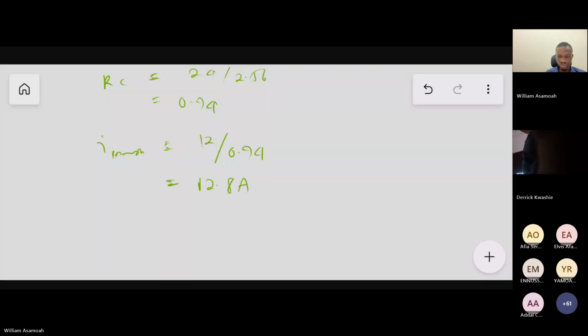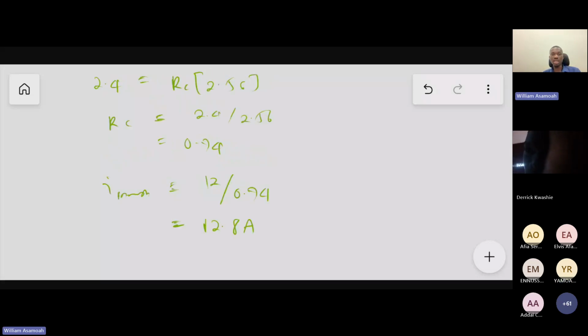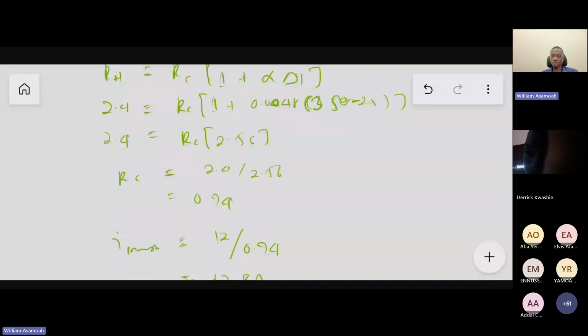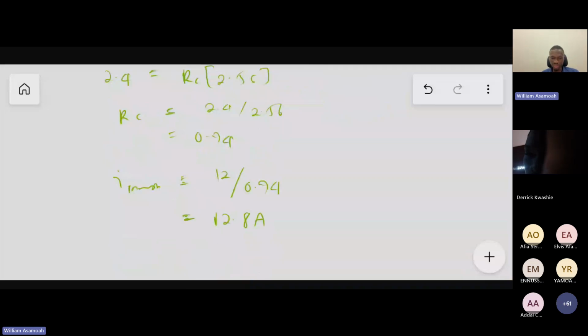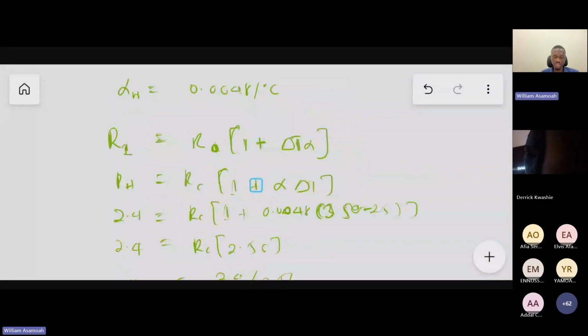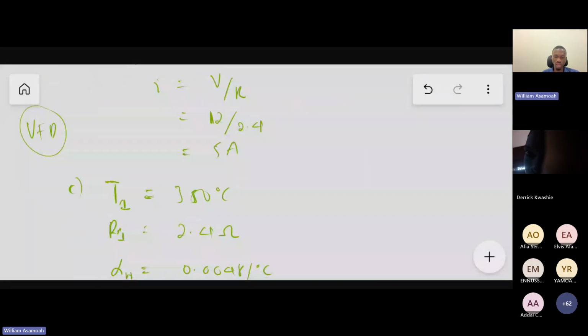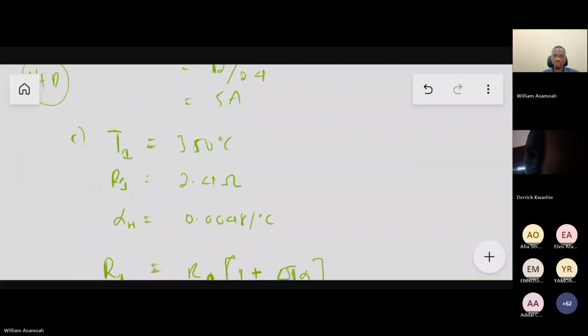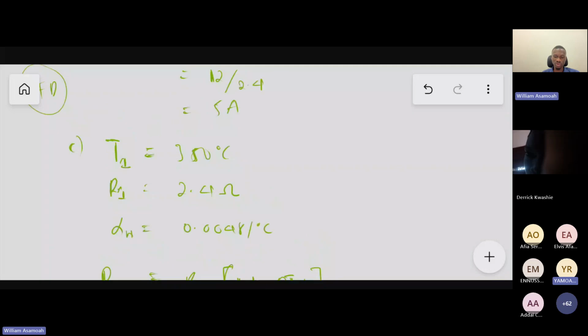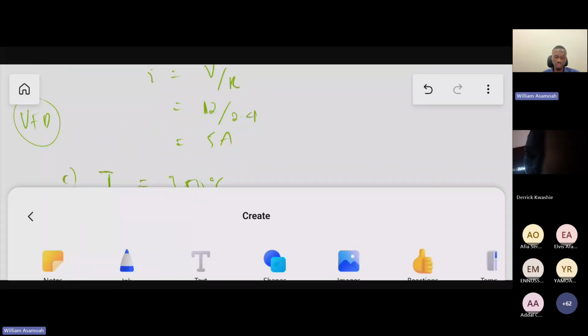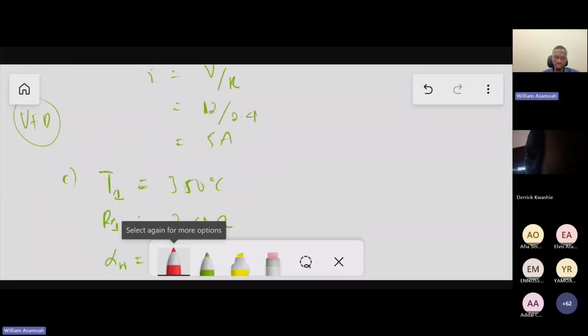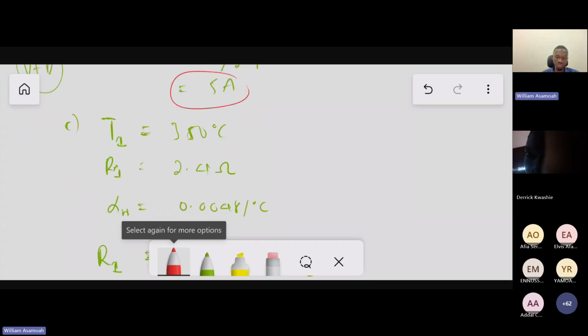Great. Please, we understand. So you see that initially at startup, it draws 12.8. Then when it settles down, it draws 5 amperes. Right? That's a very huge difference, more than twice. And that's how electronic systems behave.